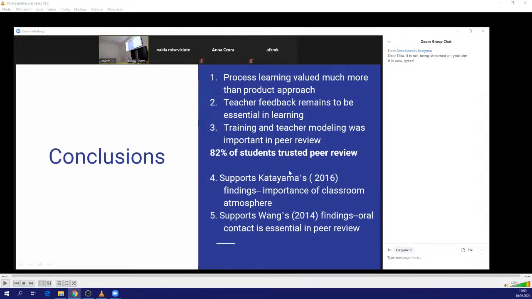So obviously the atmosphere factor was lost, and I feel that even with the student trust and with the engagement, there were quite a few reduced percentages in the findings.